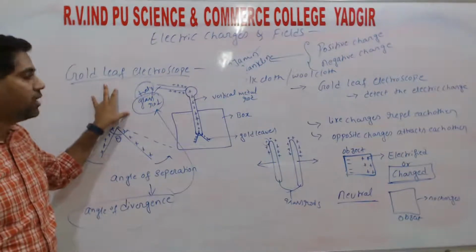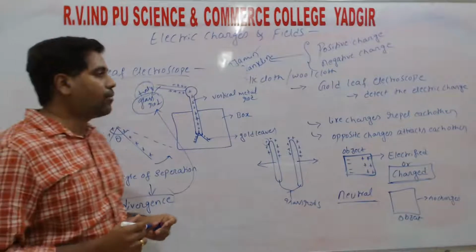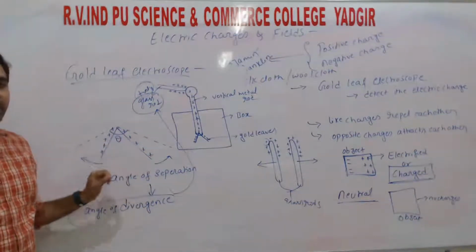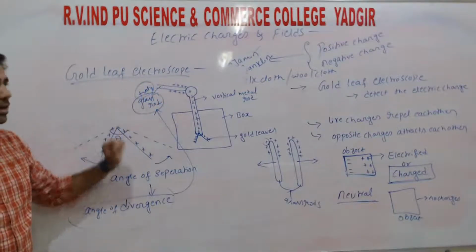So this is about the gold leaf electroscope. The gold leaf electroscope is an apparatus used to measure or detect the charges on a given body, right?